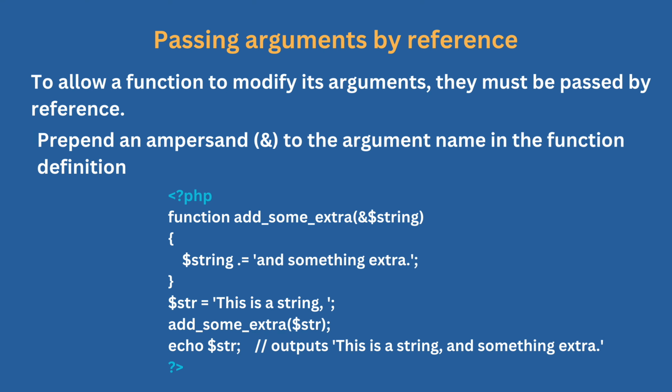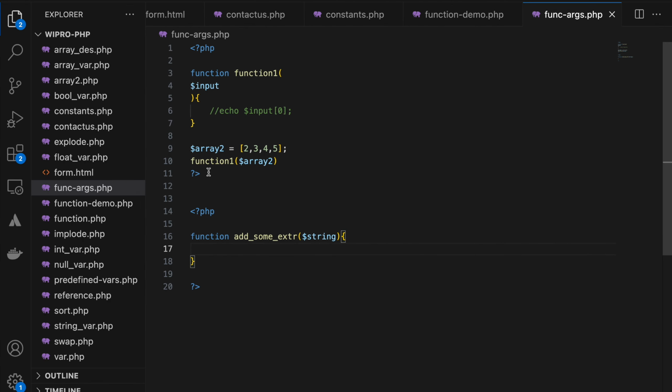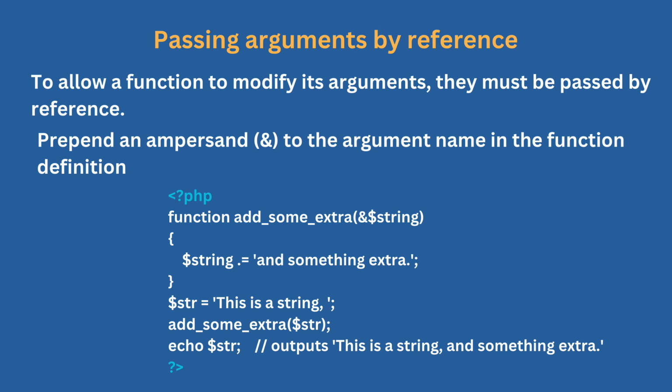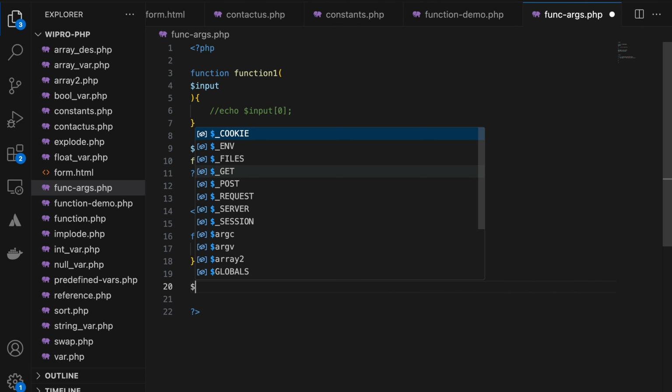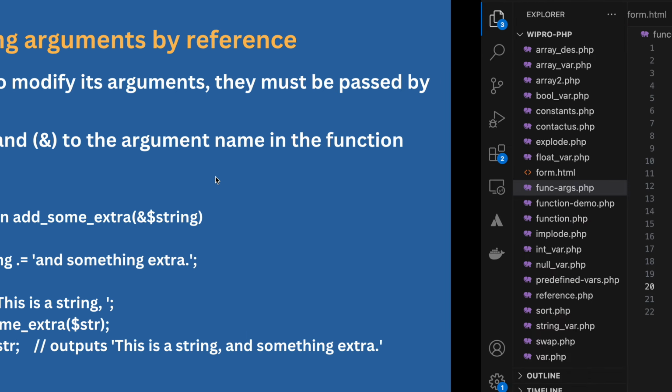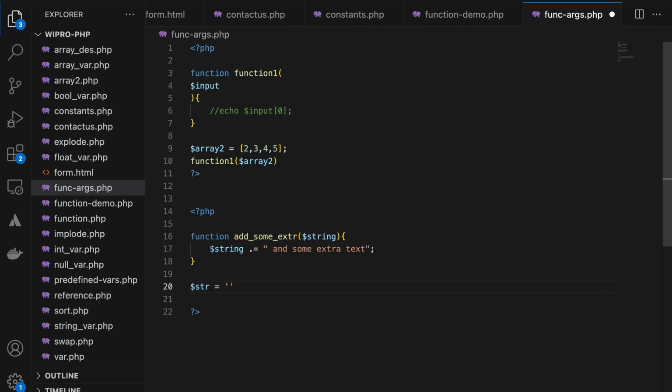Then $string equals $string dot and some extra text, right? See, this is a simple function, and then I'm writing $str equal to, this is a string, right?